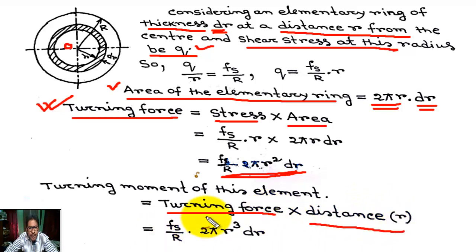So the turning moment equals Fs by R into 2 pi r square into r, that means 2 pi r cube dr.